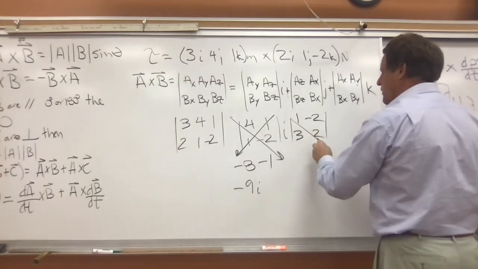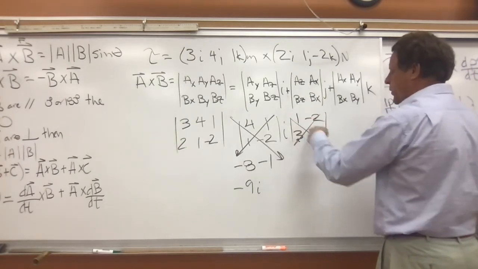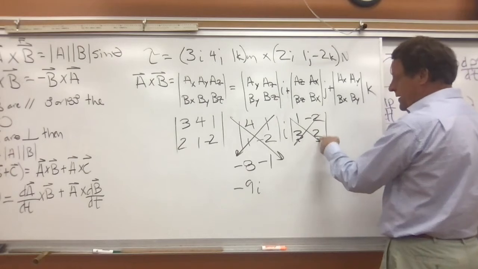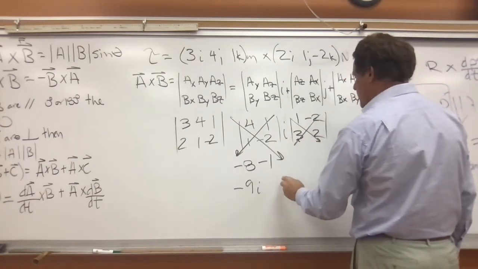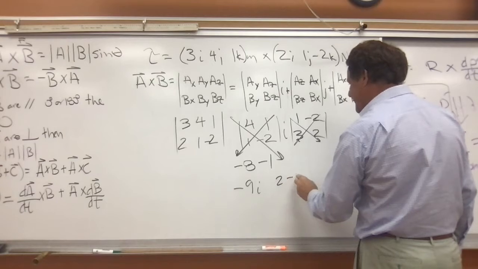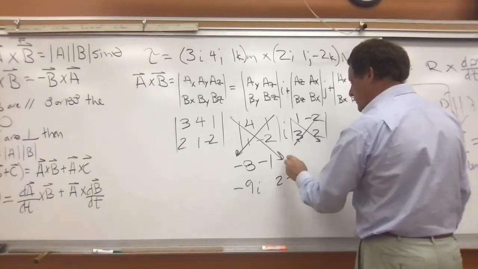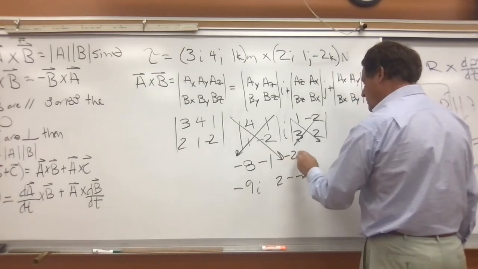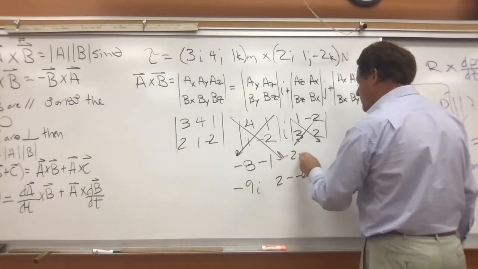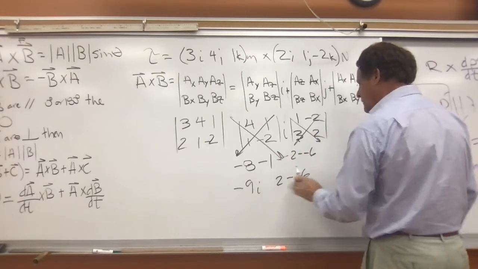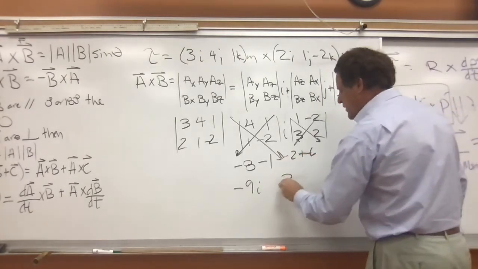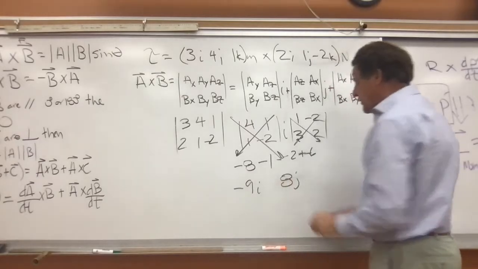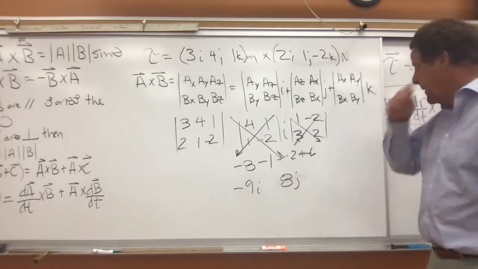Now we do the cross: 1 times 2 minus negative 2 times 3, which is 2 minus a negative 6. The negative and negative gives us a plus, so we have 8. But that direction is j.